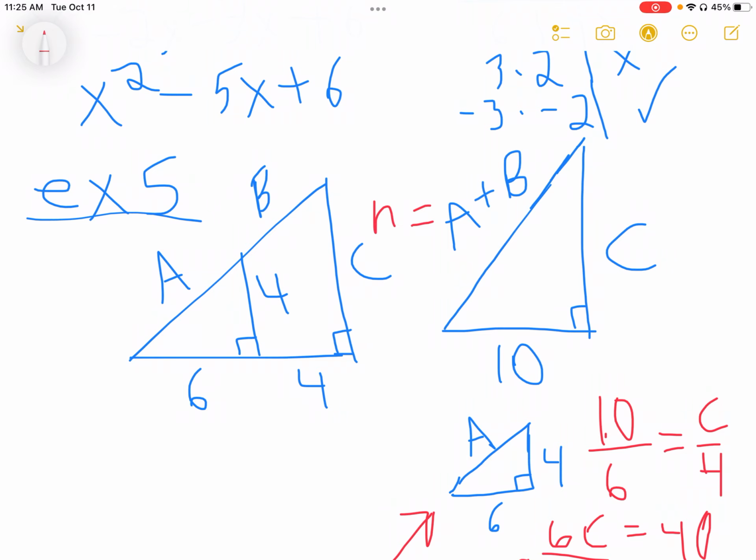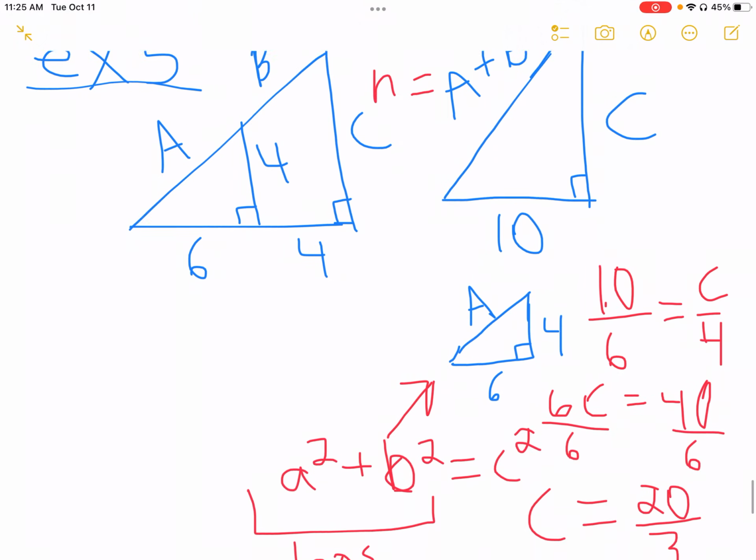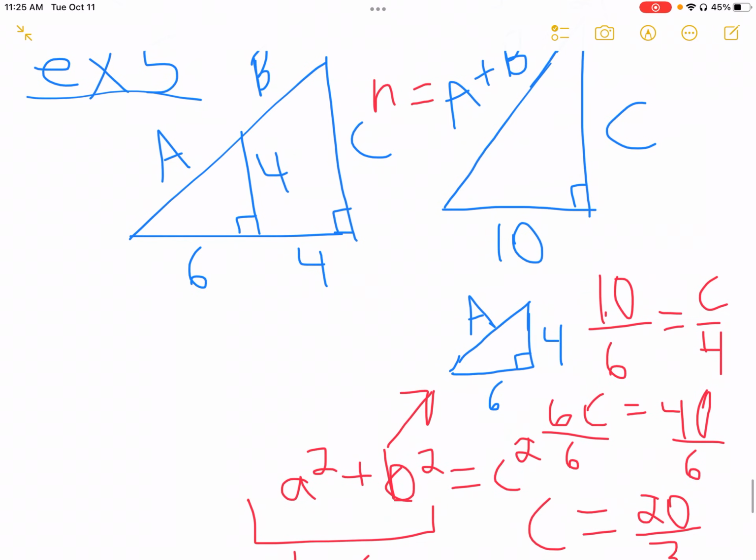This is h for now. Let's call it h squared. And then if I'm using my big triangle here, then h squared is 10 squared plus 20 over 3 squared.